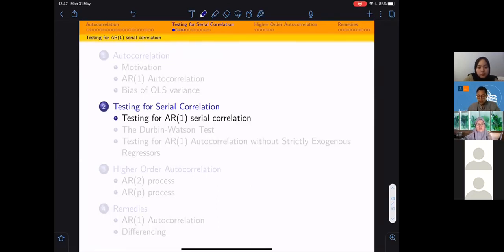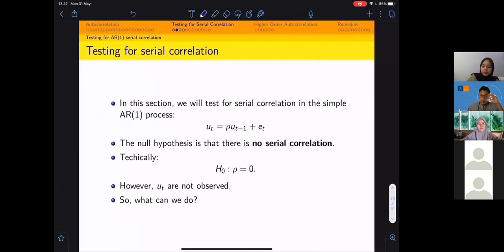All right, so I'm going to first discuss the testing of AR1 serial correlation, and how we can deal with different estimation issues. In this section, we will test for serial correlation in the simple AR1 process.